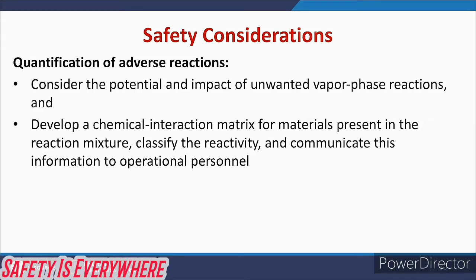Then you consider the potential and impact of unwanted vapor phase reactions and develop a chemical interaction matrix for materials present in the reaction mixture. Then you need to classify the reactivity and communicate this information to the operational person. So there are various steps involved whenever the quantification of these adverse reactions is in question.